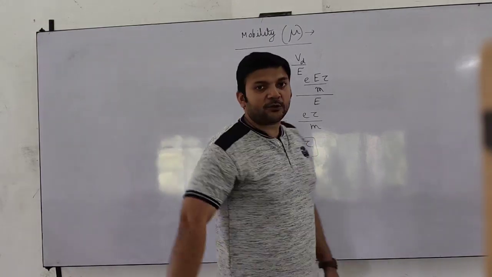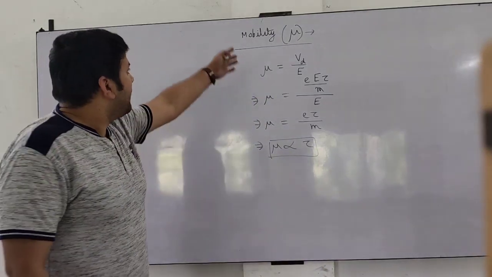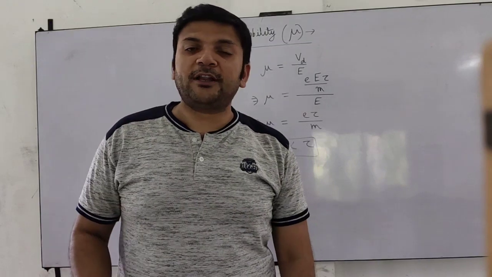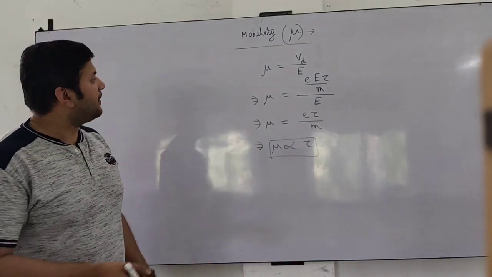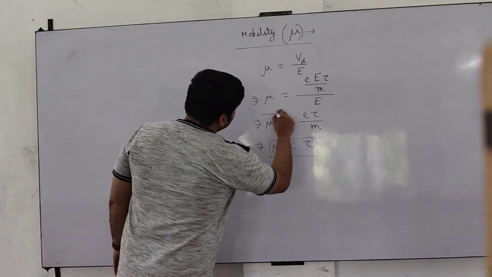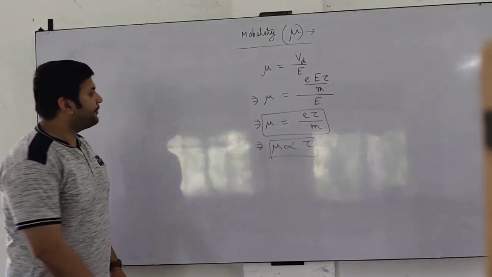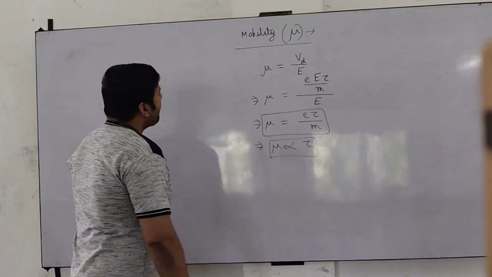That is, mobility is directly proportional to the average relaxation time. This is the formula for mobility.